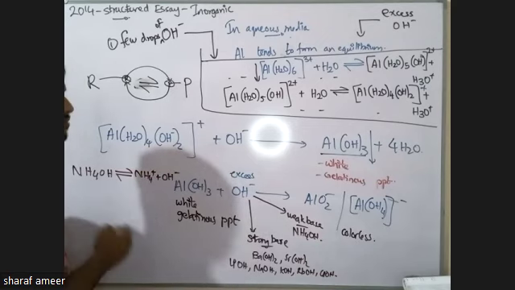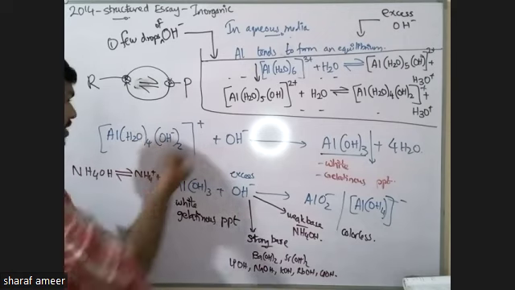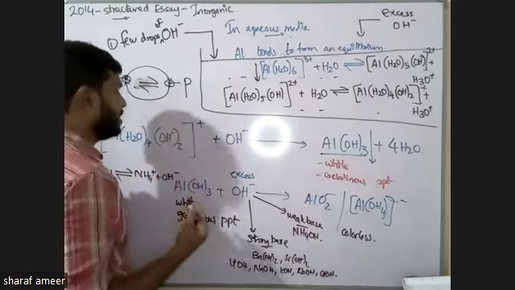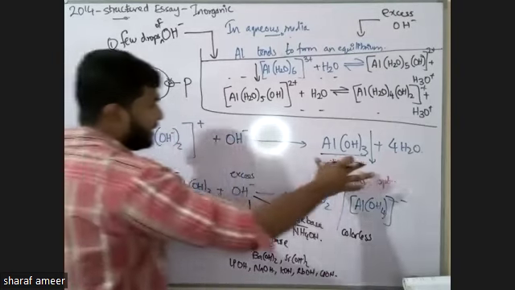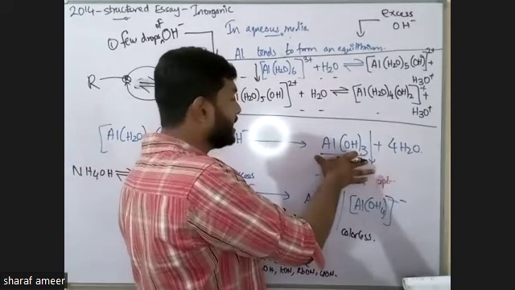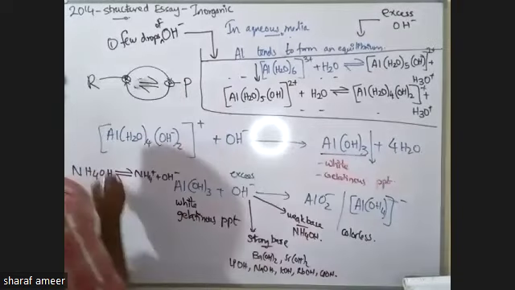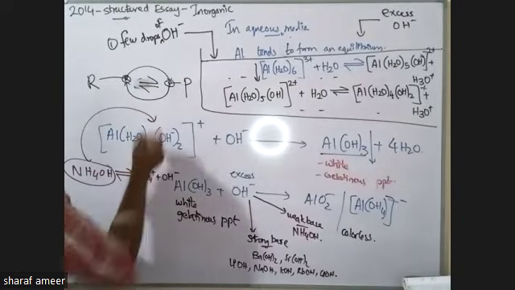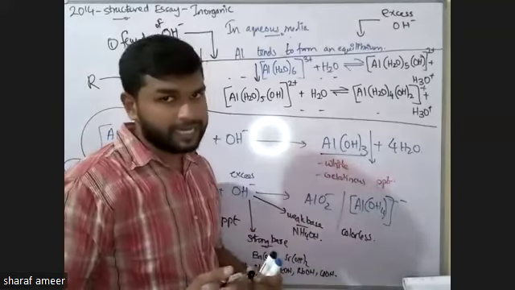If you add ammonium hydroxide, let's say you put ammonia into this solution, you can get the precipitate. I guarantee you will get the precipitate. Once you add ammonium hydroxide to this, obviously you will get this white precipitate here.